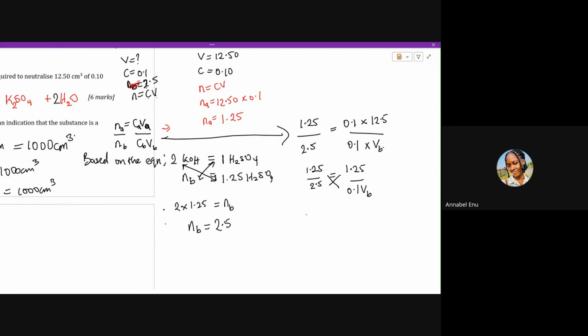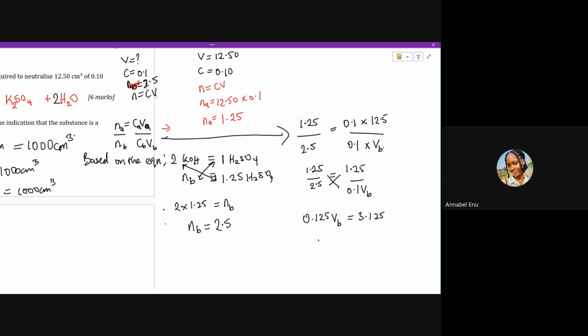So this will give us 0.125 volume of base equal to 1.25 times 2.5, 3.125, divided by 0.1. So this is what we'll get.